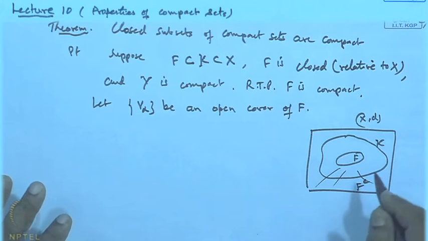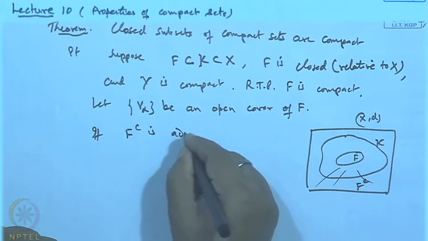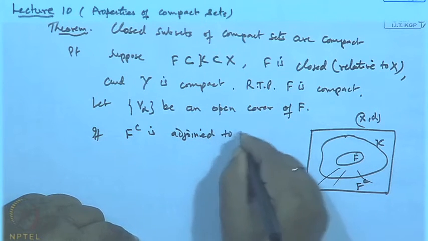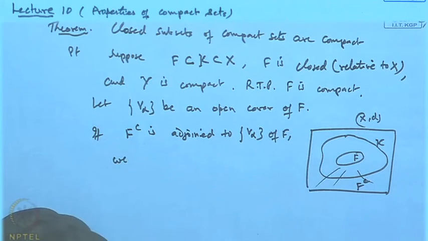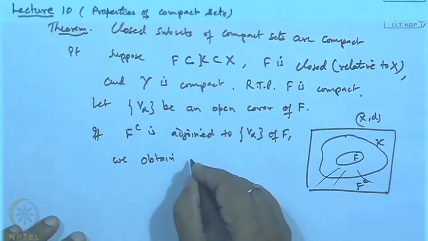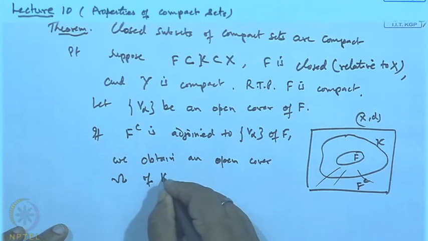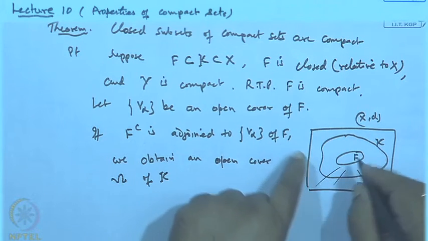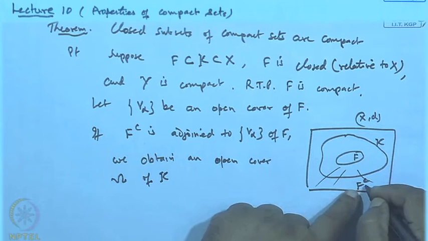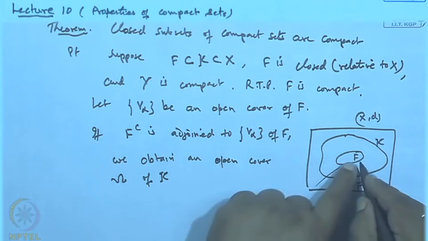So, if F^C is adjoined to the open cover V alpha of F, then we obtain an open cover omega of K. Now, we are taking the open cover of K. Now, this open cover omega may contain F^C also.